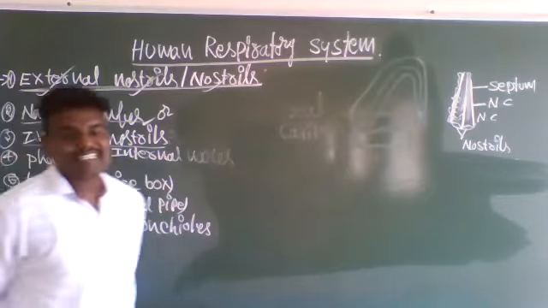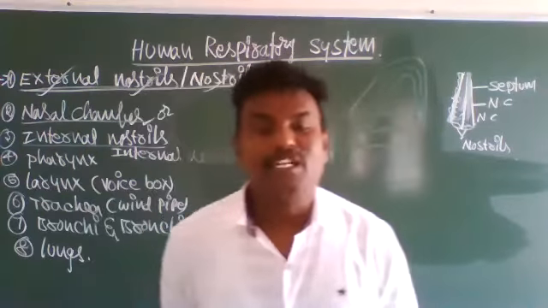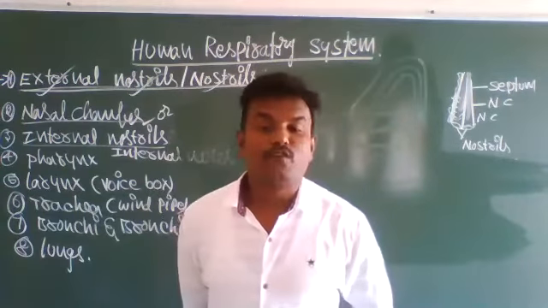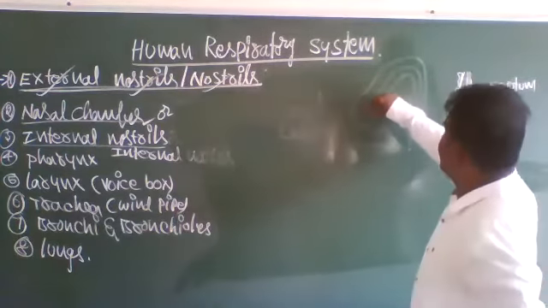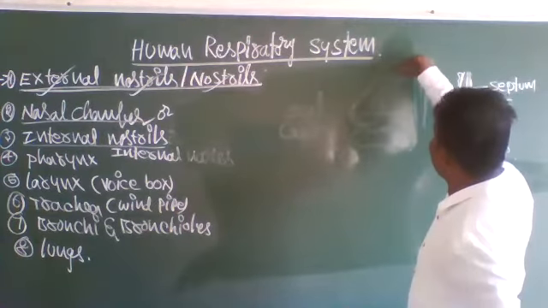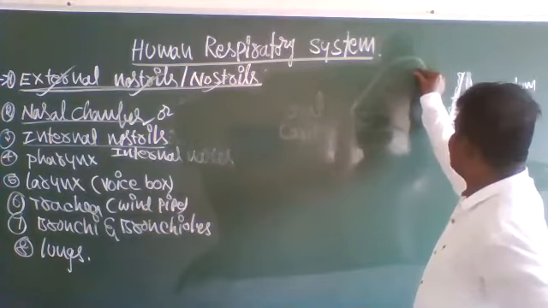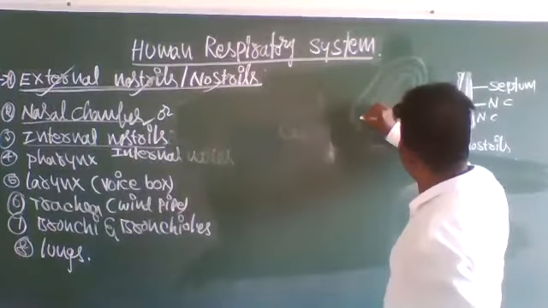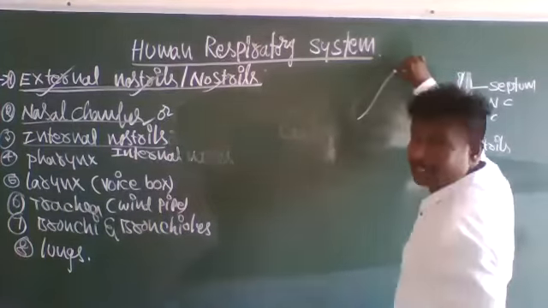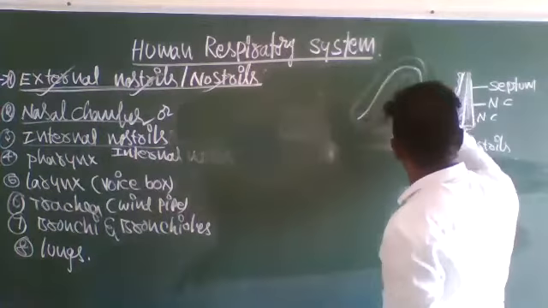Okay, about the pharynx I already said: the pharynx is a common chamber for food and air. See here, this is the nasal chamber. The nasal chamber continues like this way.